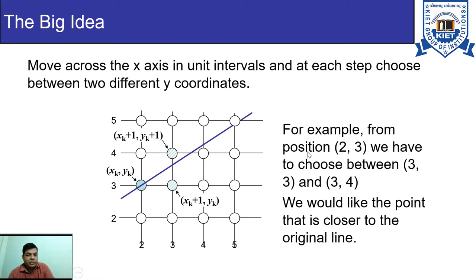For example, from position 2 comma 3 we have to choose between 3 comma 3 and 3 comma 4. We would like the point that is closer to the original line, and in this case the point at x equals 3 and y equals 4 is much nearer to the line, and obviously we will activate this pixel.